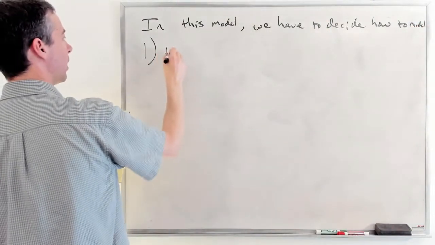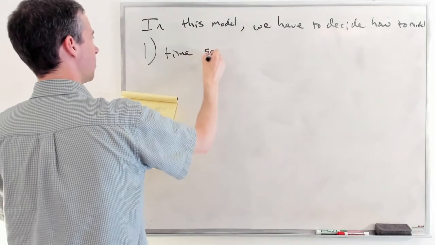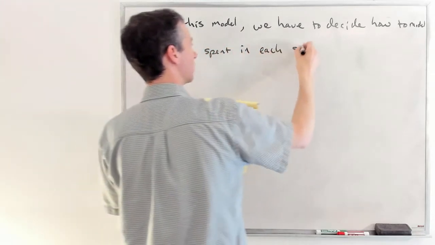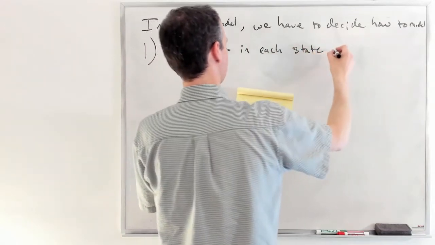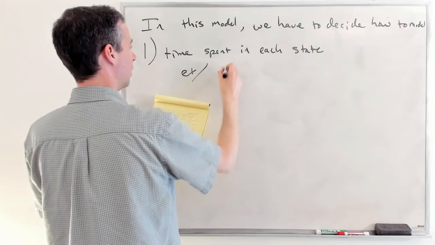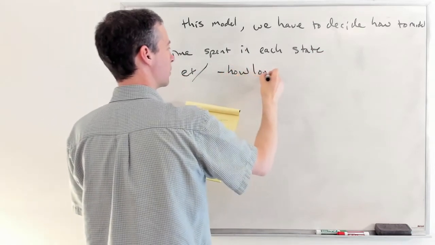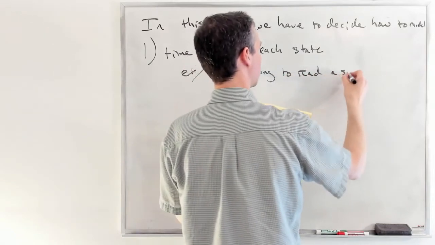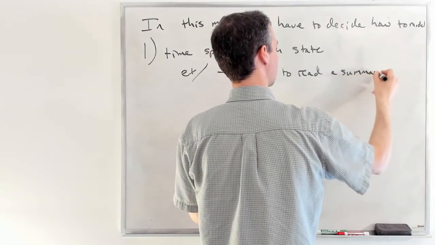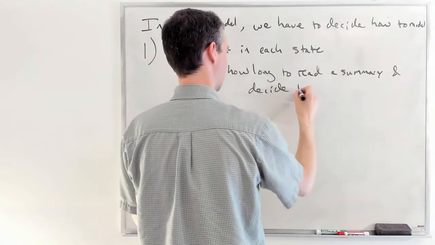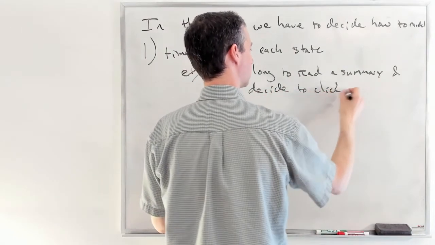One, we have to figure out how to model the time spent in each of those states. So for example, how long is it going to take to read a summary on the search results page and decide to click or not?